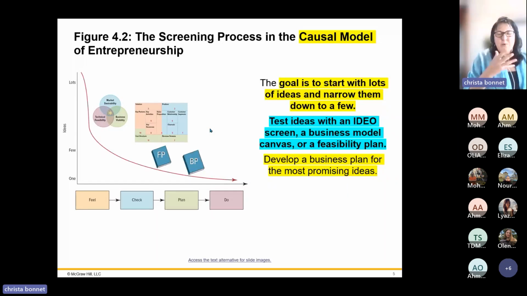How we do it with a business model canvas is you start with a lot of ideas in general, and then you narrow it down to the one that is going to be the best from a cost perspective. We look at the key partners, the value proposition, the activities, the key resources, the customer relations, the customer segments, the channels, the cost structures, and the revenue streams.